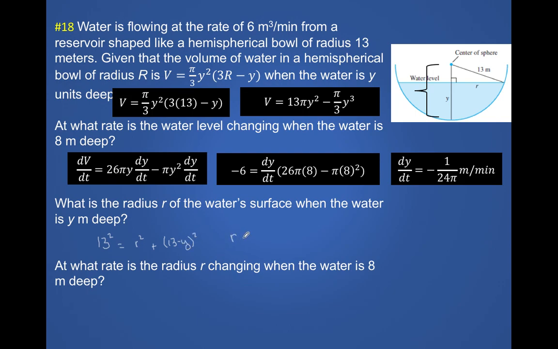But doesn't that mean that r is equal to the square root of, if I expand all that out, 169 minus 13 minus y squared, which is 169 minus 26y plus y squared. Gee, what happens to the 169s?